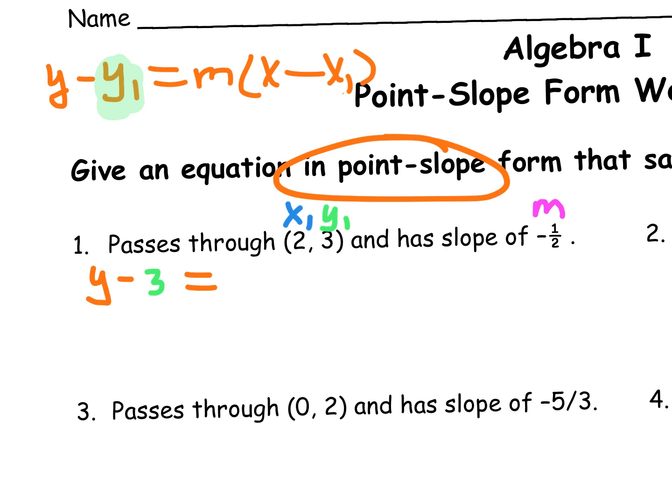Instead of the letter m, what number am I getting ready to write? Negative 1/2. That's slope. Your head's in the right place, because we are getting ready to do that. And instead of x minus x1, x1 is 2. So this part, y'all, this is kind of old news at this point. We've been doing this for a minute.